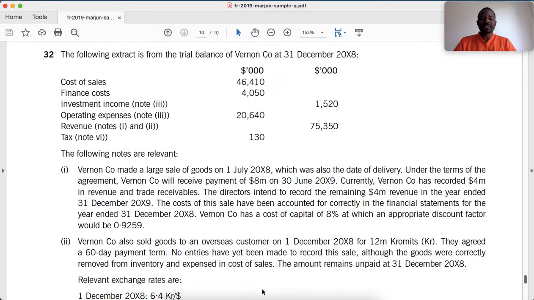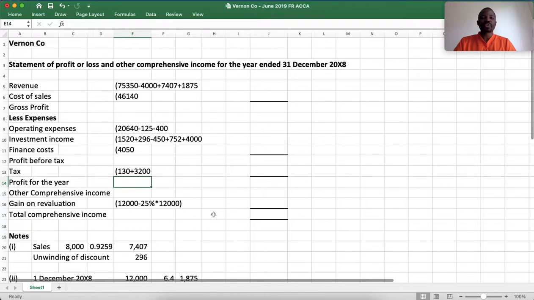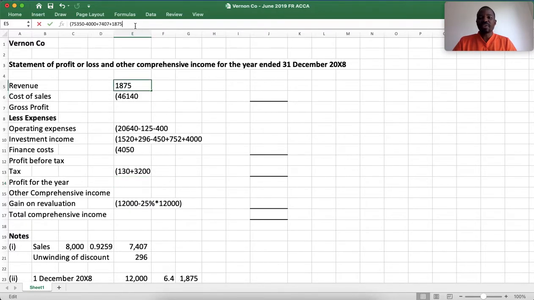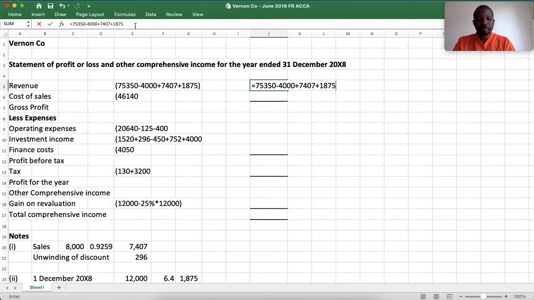What is left is for us to add across our statement of profit or loss. So simply say 75,350 less 4,000. We add the correct revenue. We also add that. The cost of sales didn't change, so put our cost of sales like that.